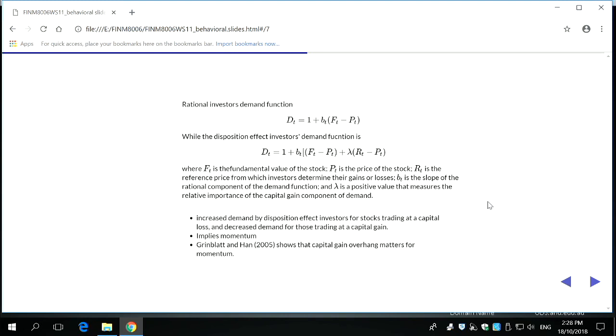So now you can have a model in which trading volume matters. Because up to now, in the rational models, we don't have any role for volume. We only talk about prices and returns.